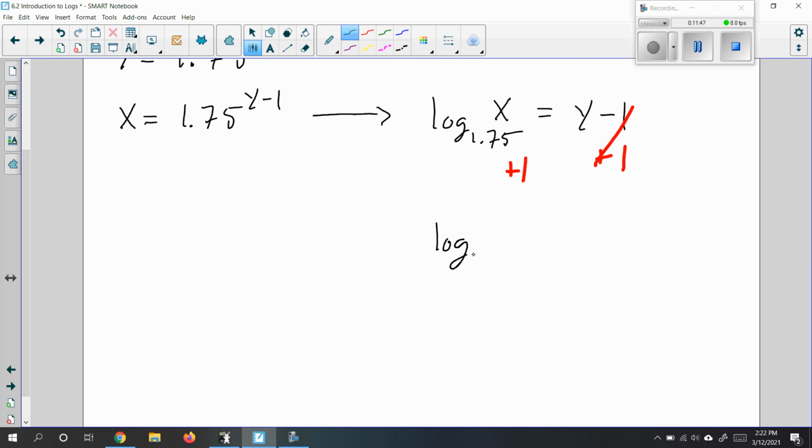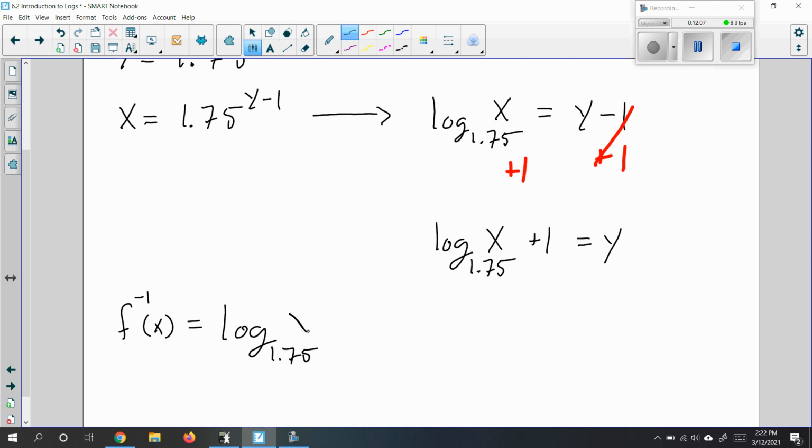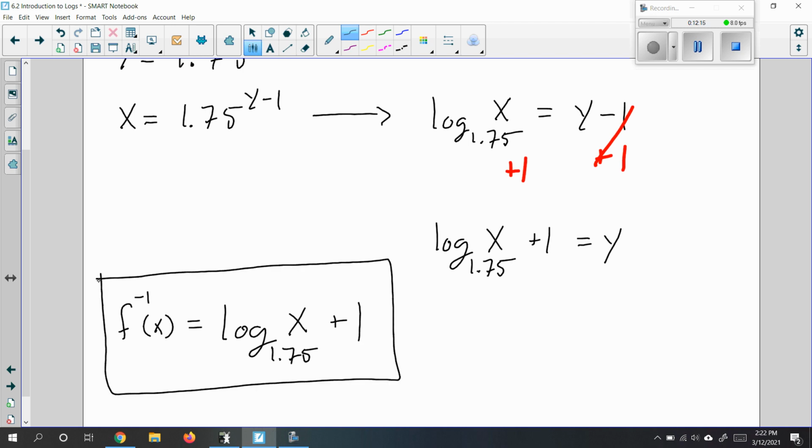So log base 1.75 of x plus 1 is equal to y. So that means that f inverse of x is equal to log base 1.75 of x plus 1. This is the inverse of our function.